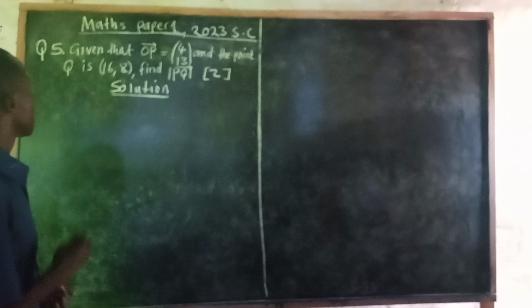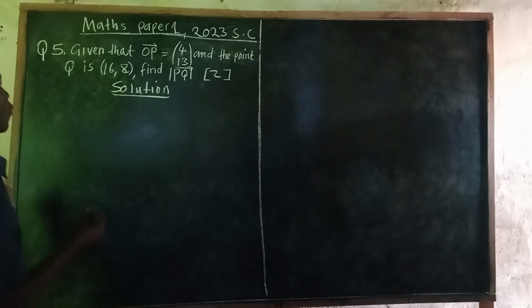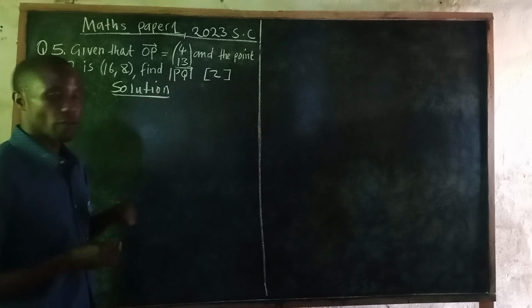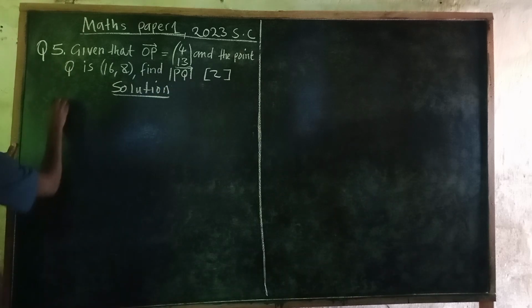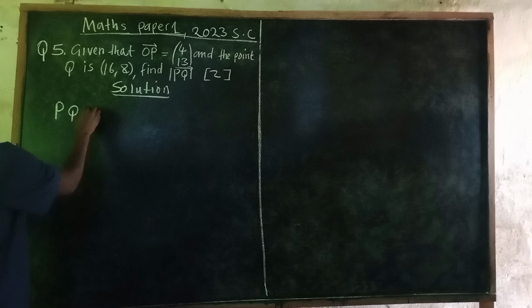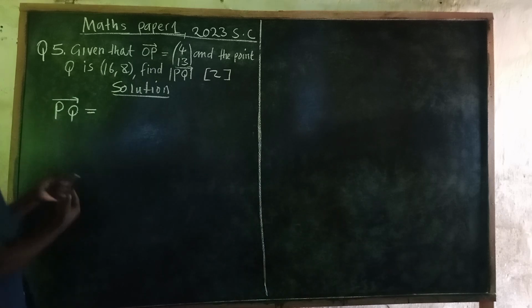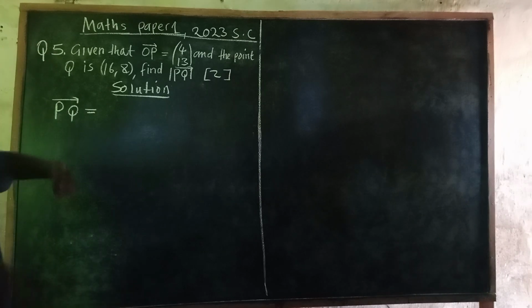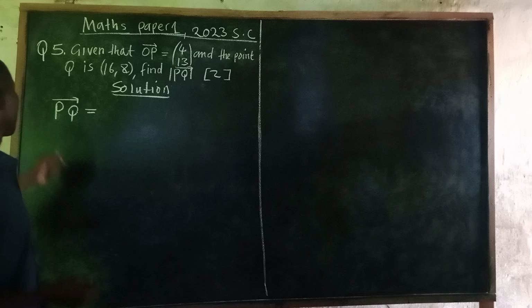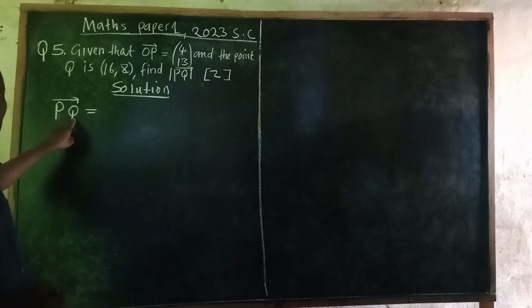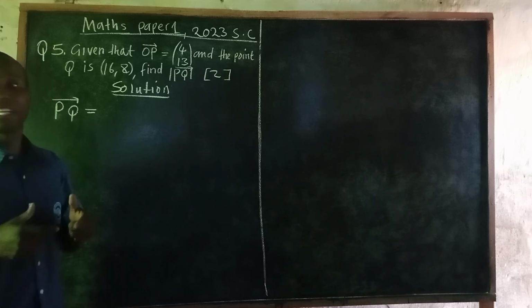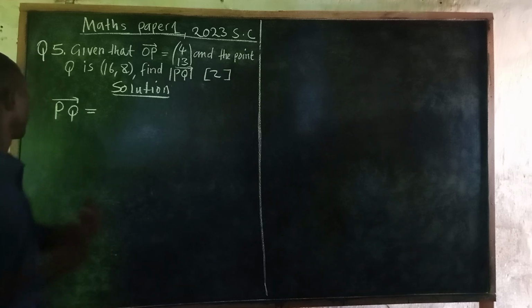So before we come to magnitude, what we are supposed to find here is the vector PQ. How? So we are going to say PQ equals, the way this particular person or particle was moving, it was moving from P to Q. Now remember, this is a position vector, so it means it started from the origin.